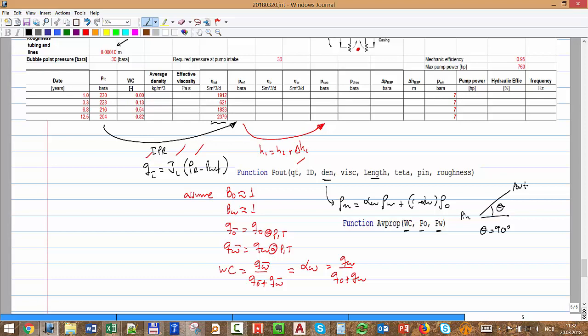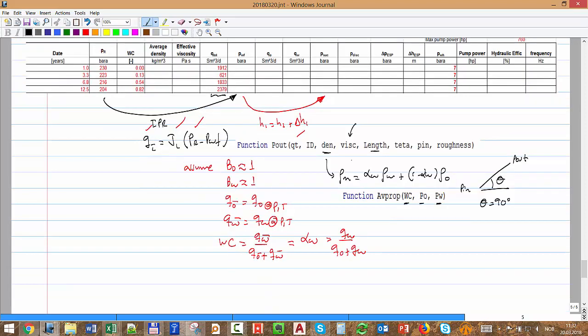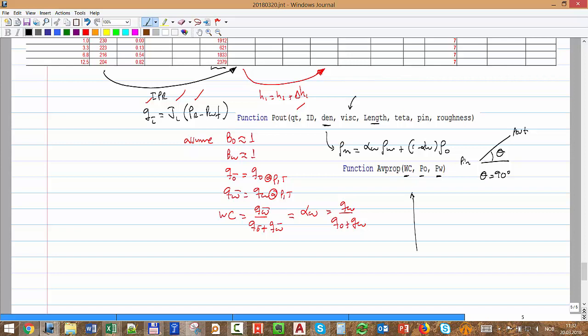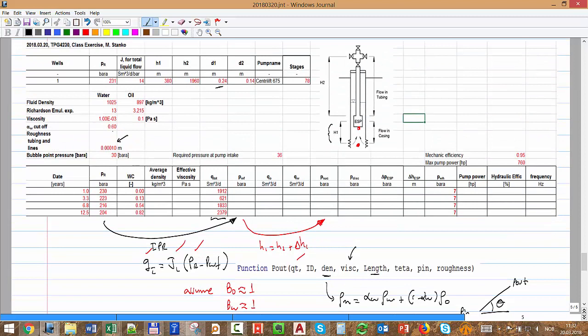What else? Now comes the big challenge: the viscosity. Remember that the viscosity we said has this behavior from 0 to 1. For that, you see here I have provided the Richardson exponent for both the water and the oil.